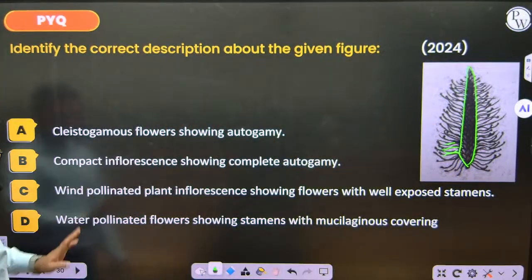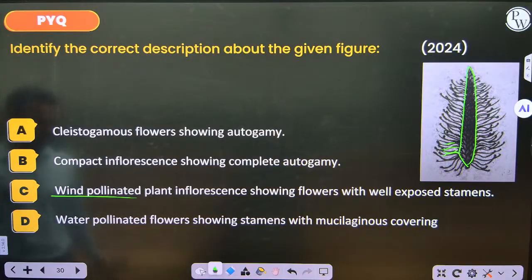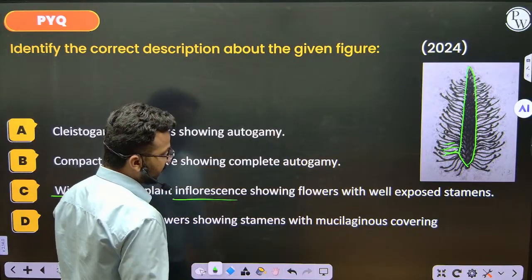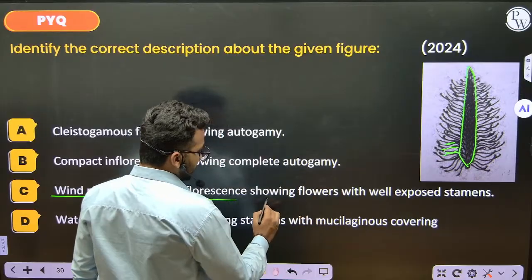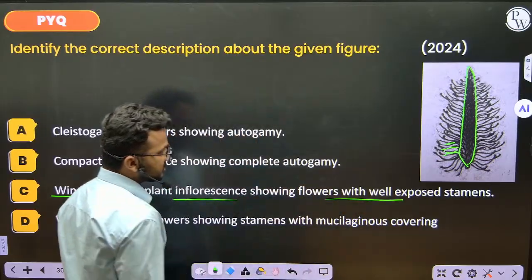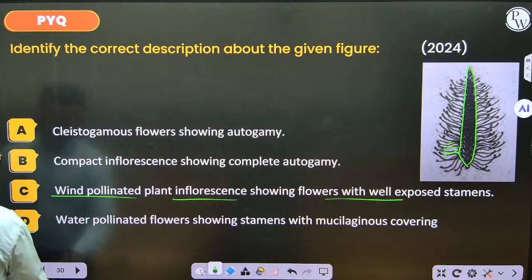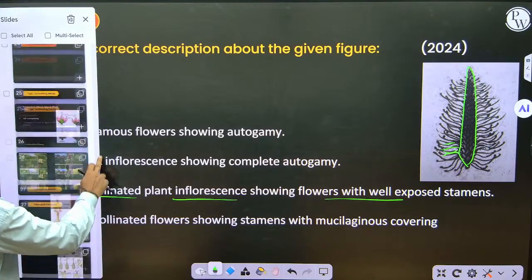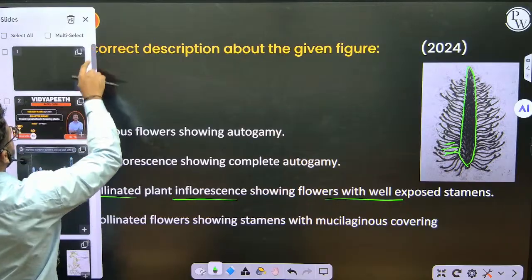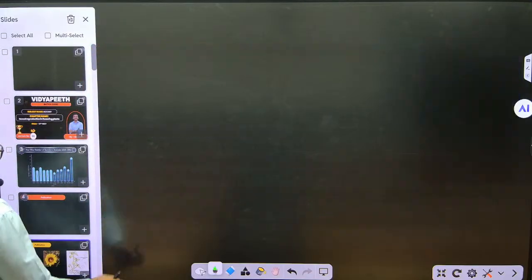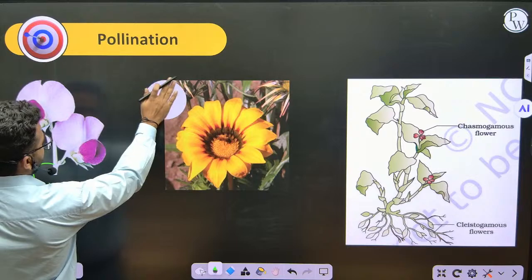So they are talking about a wind pollinated plant, with flowers showing well exposed stamens. Like that they may ask in the exam, so you need to remember the diagrams and images of NCERT also.